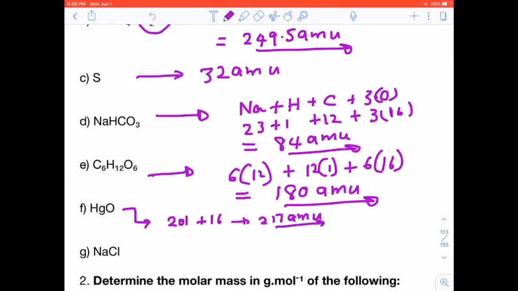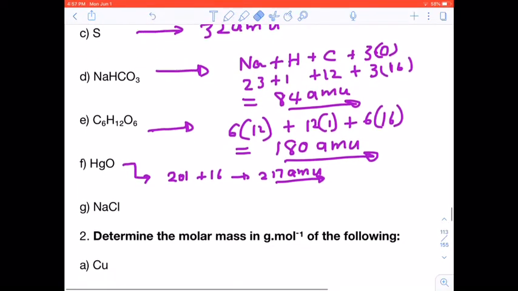Right, that is a mass of one formula unit of mercuric oxide, right? Or we could have said 1 molecule of mercuric oxide, right? But because it's an ionic substance, we refer to it as a formula unit. Right, so there we have that, and let's go to the next one.